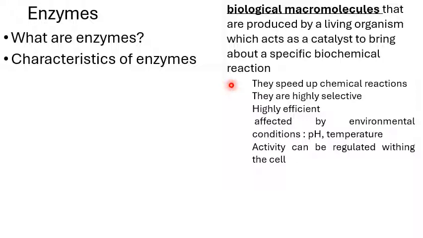Some enzymes are induced, some enzymes are produced constitutively. Induced means something can trigger it in the presence of a reaction. Constitutively means the enzymes are produced whether there is a reaction available or not. So the activities are usually regulated within the cells.